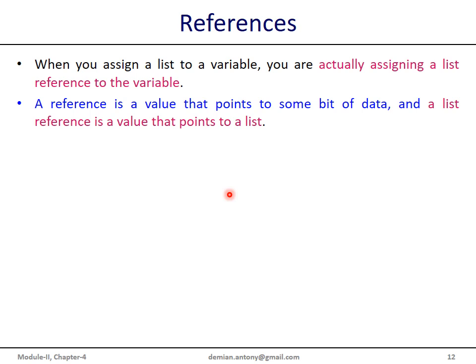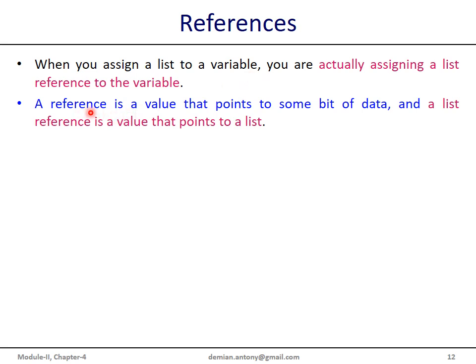References. A reference is a variable which refers to a data item in memory. When we assign a list to a variable with the assignment statement, we are actually assigning a list reference to a variable, not the list values. It means that the base address or the starting address of a list is assigned to a list variable.